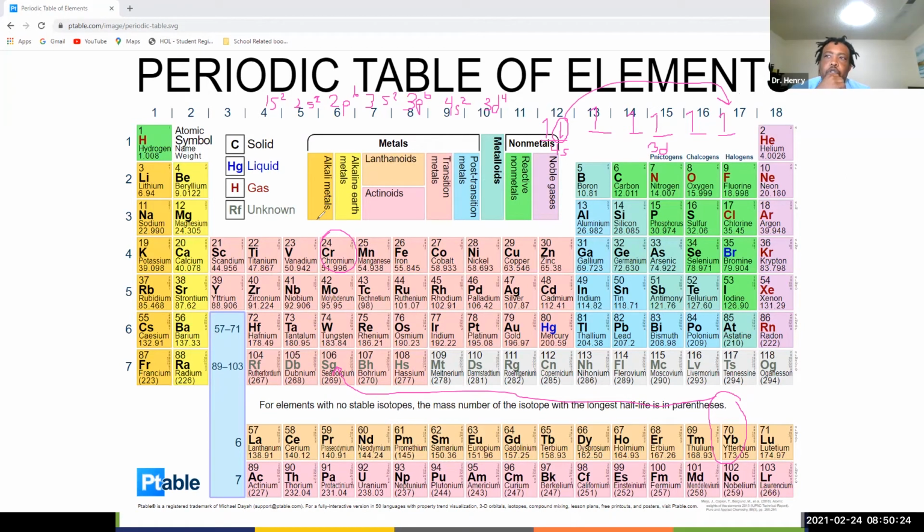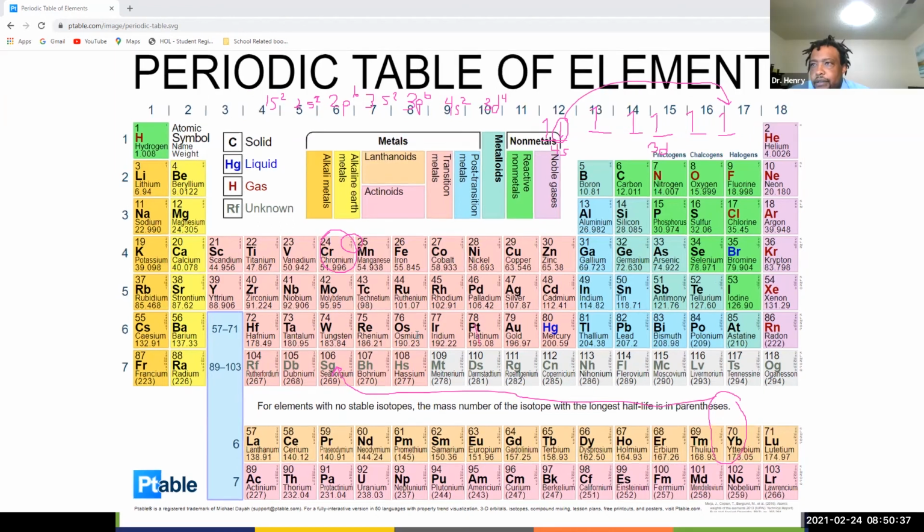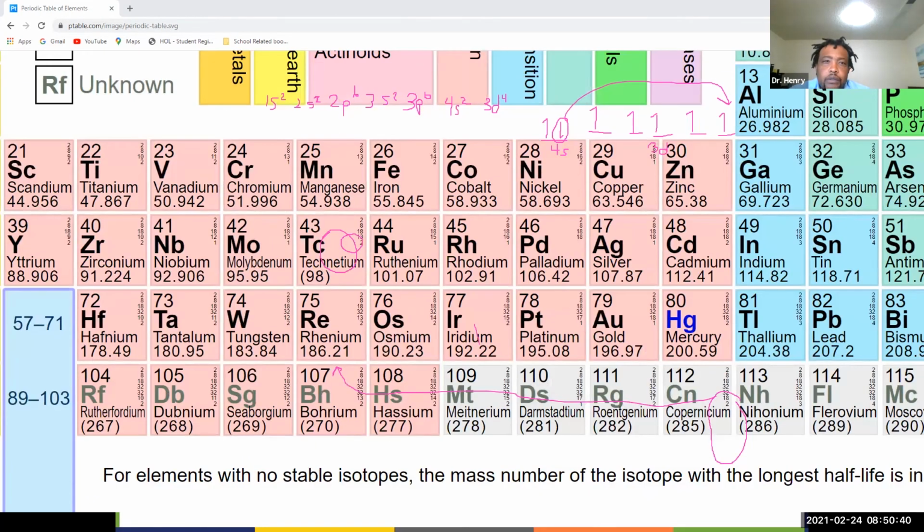So the way that you determine that is, if you take a look at these numbers right here, can you guys see those really, really small numbers? Let me see if I can blow this up a little bit bigger. Okay, so we're looking at chromium. This tells me I have 2 electrons in the first energy level, 8 electrons in the second energy level, and 13 electrons in the third energy level.